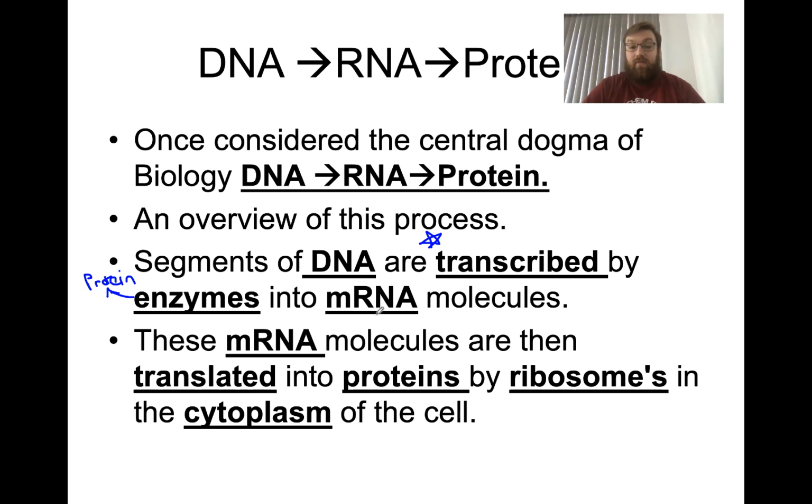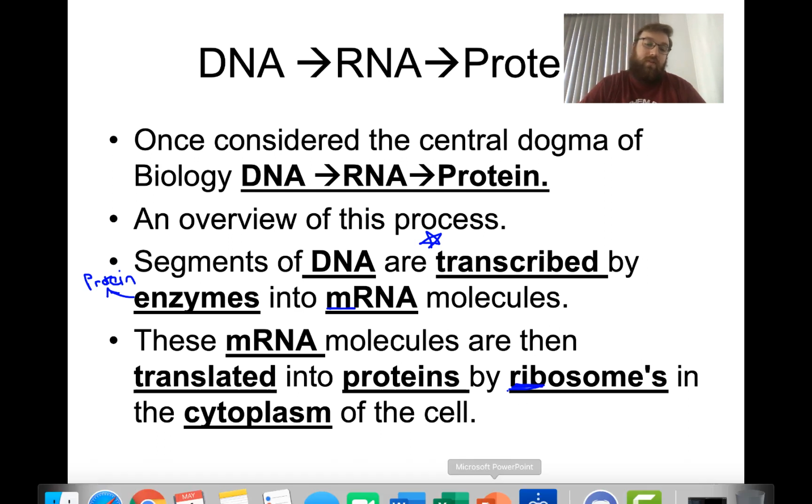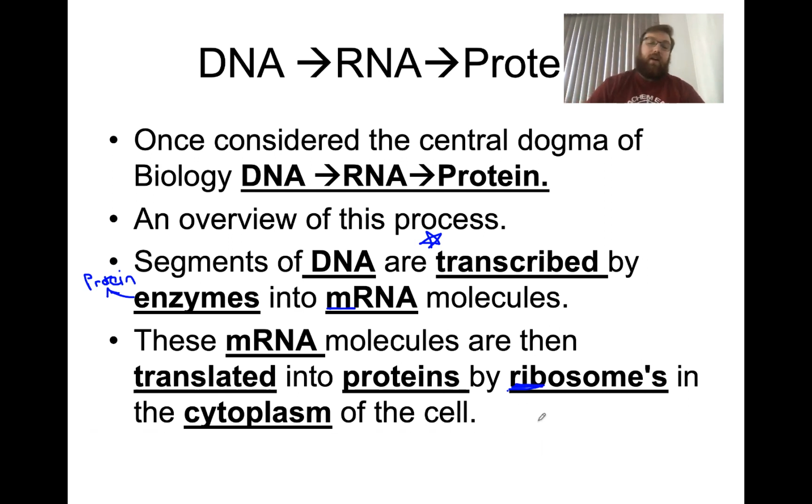There's different types of RNA molecules, but we'll look at why this is an M probably within the next few days. So this mRNA carries a message and is translated into proteins by ribosomes. We remember, ribosomes like to eat ribs, so they make proteins because ribs are made out of proteins, or however else you want to remember it.